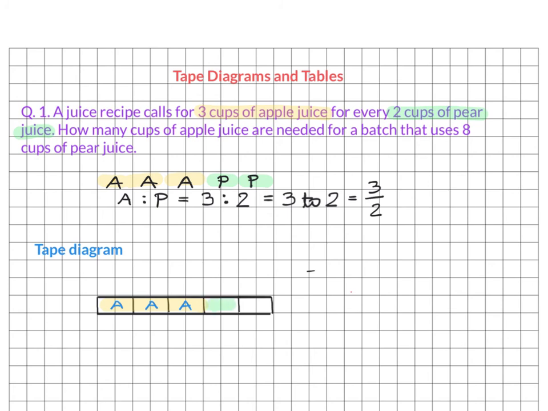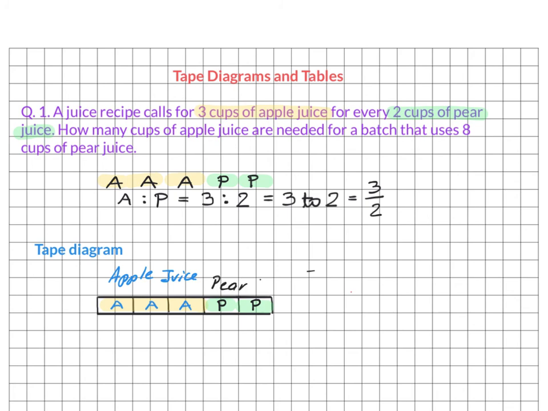So I'm going to color these 2 with green, and that represents pear juice. So this tape diagram represents comparison of apple juice to pear juice. So I'm going to put down apple juice to pear juice.